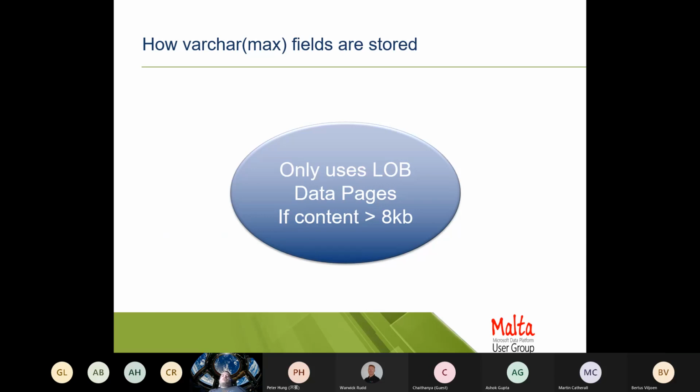They only use LOB data pages if the content is bigger than 8 kilobytes. If the content is not bigger than 8 kilobytes, they will try to fit the content inside the data pages.